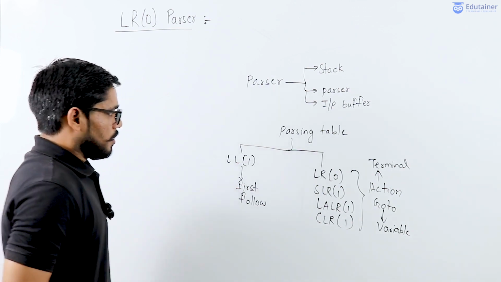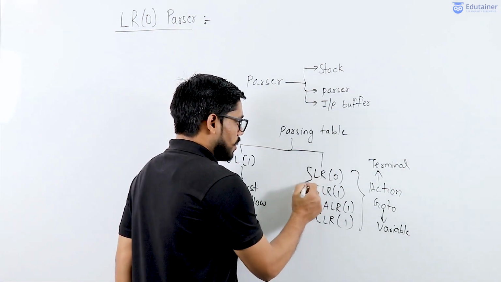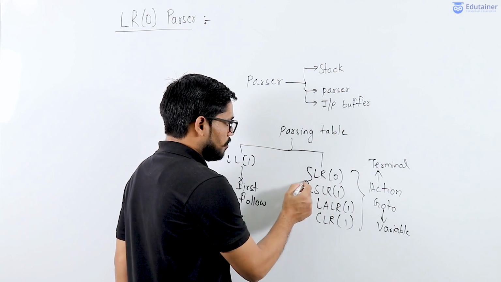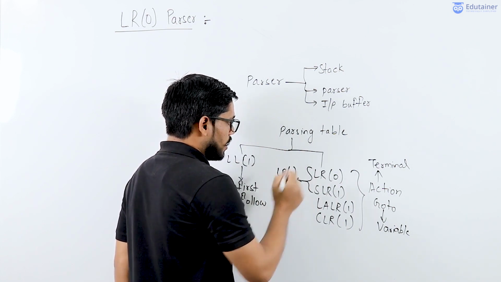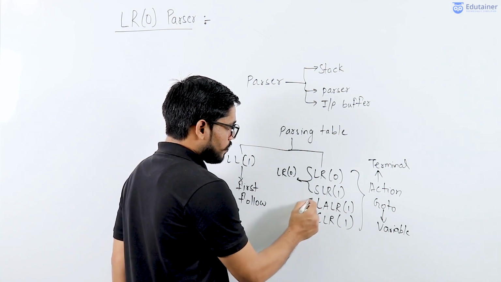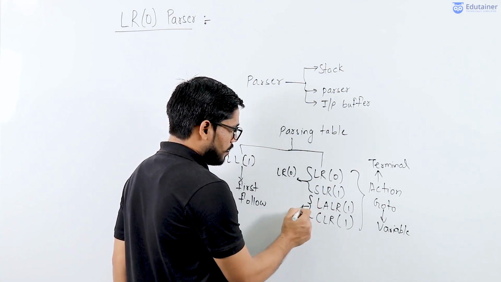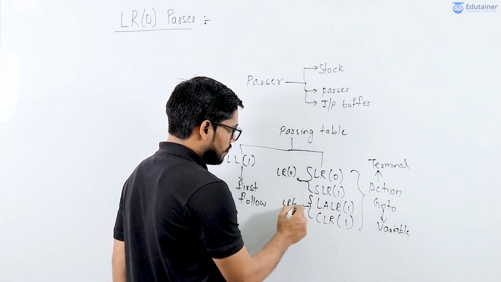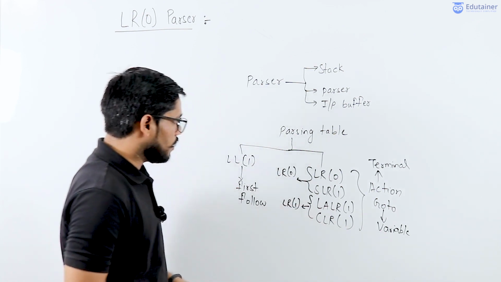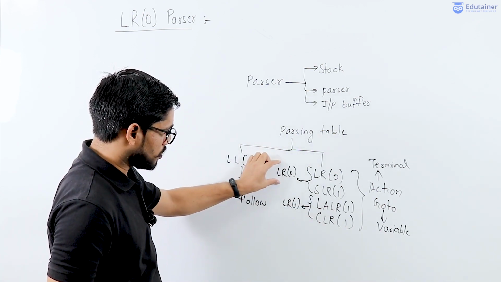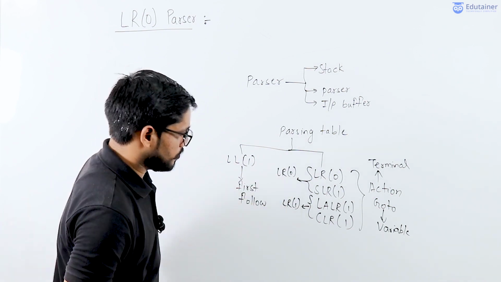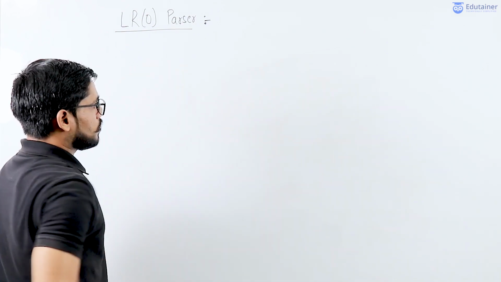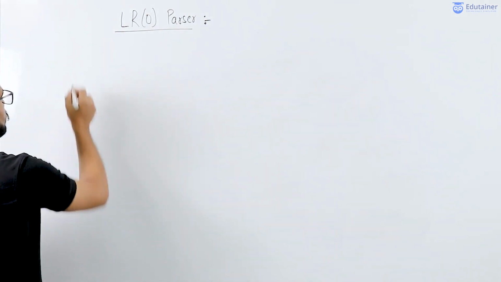But these two parsers, LR0 and SLR1, as I told you in the previous video, require the canonical collection of LR0 items, and these two parsers require the canonical collection of LR1 items. So first we learn the canonical collection of LR0 items, and after that the canonical collection of LR1 items. Let me take an example.